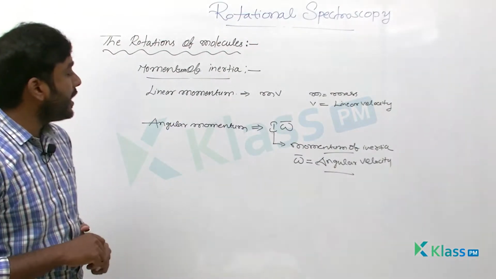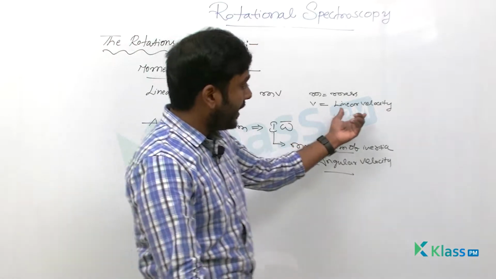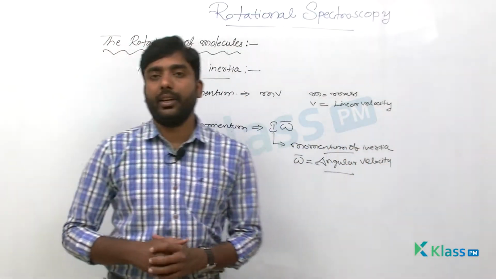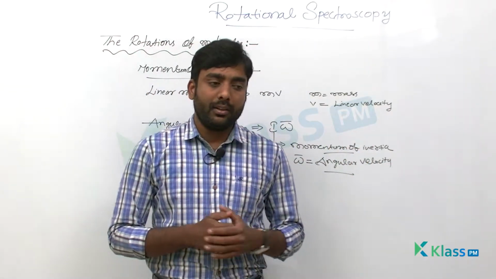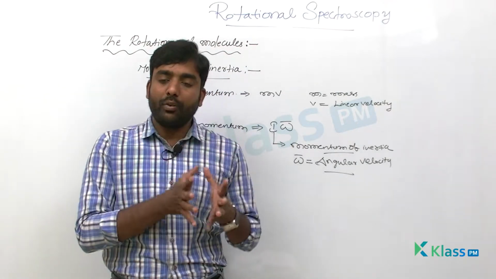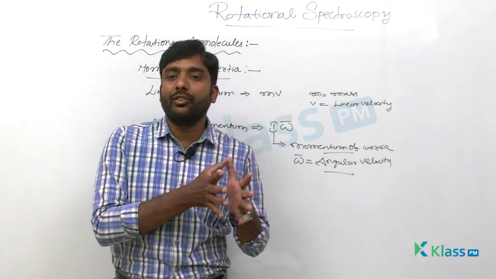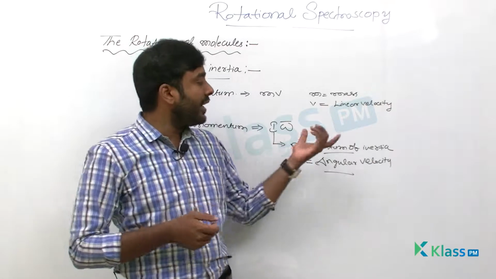So what is linear velocity and what is angular velocity? Linear velocity is, in 1 second, how much distance a particular object travels in a straight line. In simple terms, that is linear velocity.